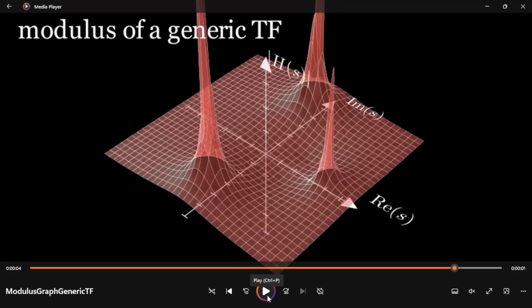What are we seeing here? Modulus of a generic transfer function. This is the modulus of H of s, real part sigma, imaginary part omega. Where are the crosses here? How many crosses, how many poles do you see?